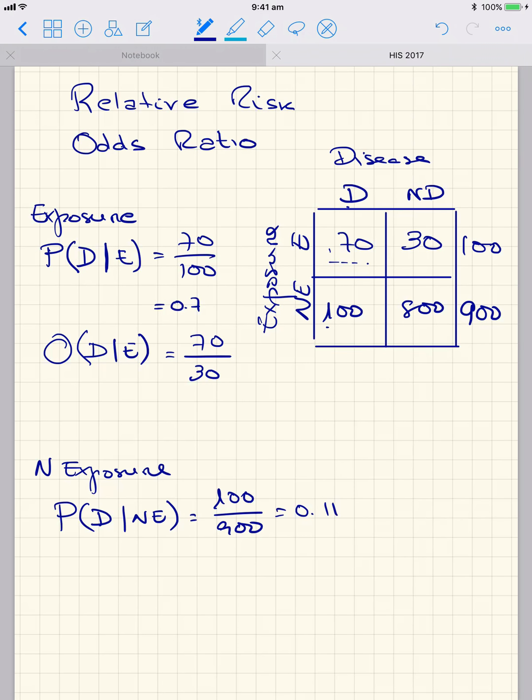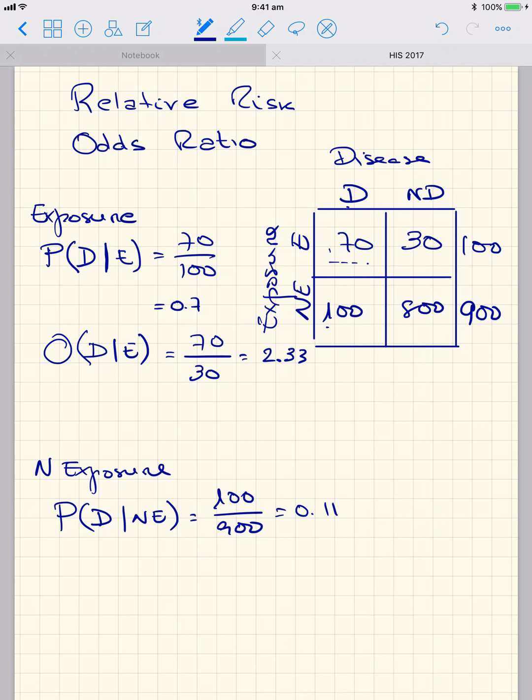So 70 over 30. As you can see, the odds, contrary to the probabilities, can be higher than 1. Probabilities are bounded by 0 and 1. Odds are bounded between 0 and plus infinity. In this case, the odds of disease for the exposed is going to be 2.33.